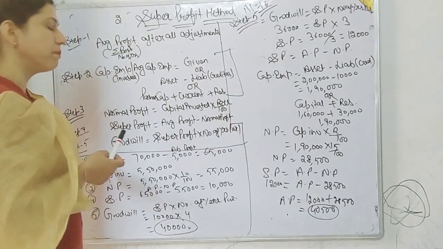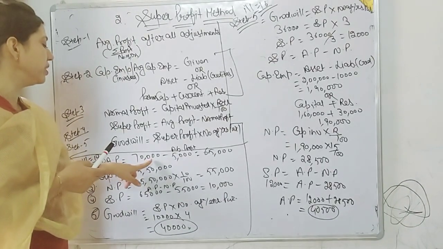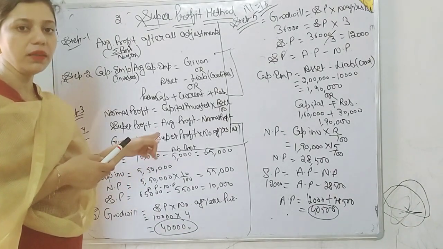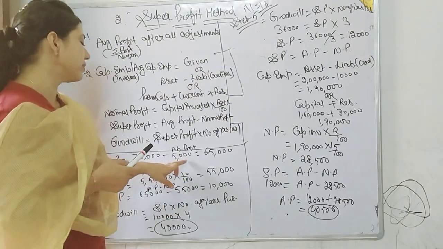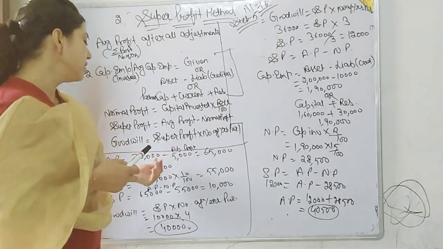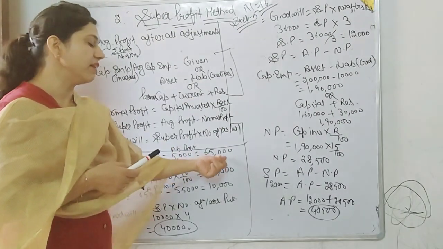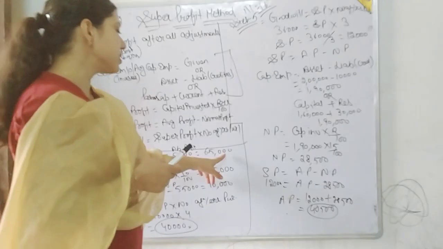Now we have an example in illustration number 10. For example, average profit given in the question is 70,000, and remuneration which should be given now is abnormal, so it should be deducted. So 70 minus 5, average profit after all adjustments, there is no other adjustment, 65.